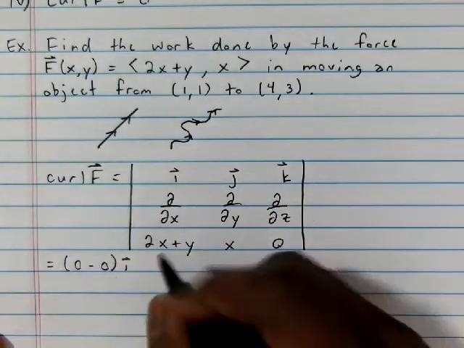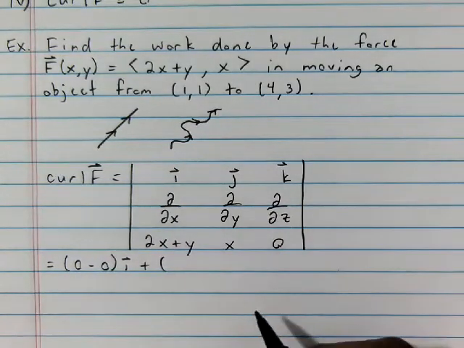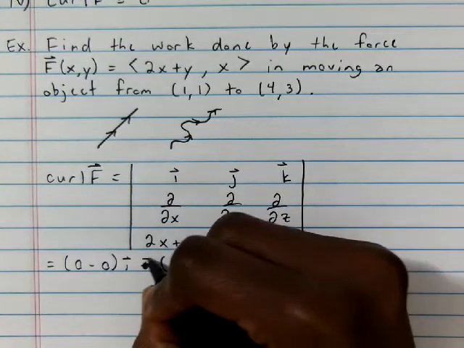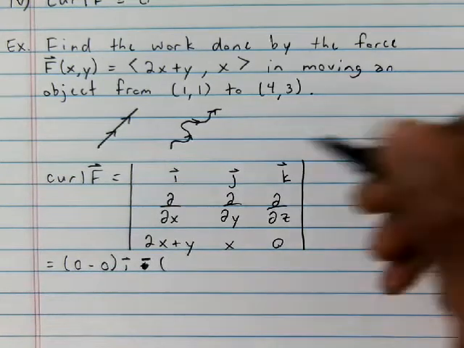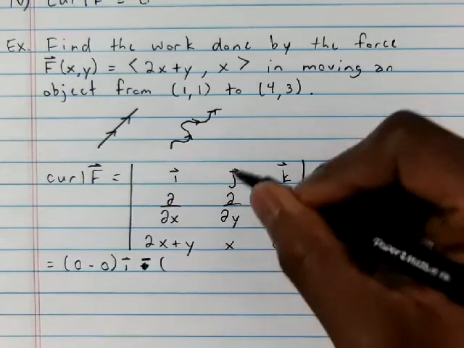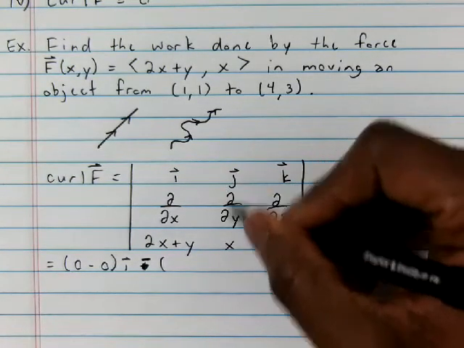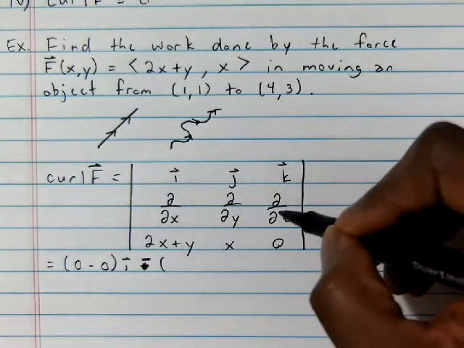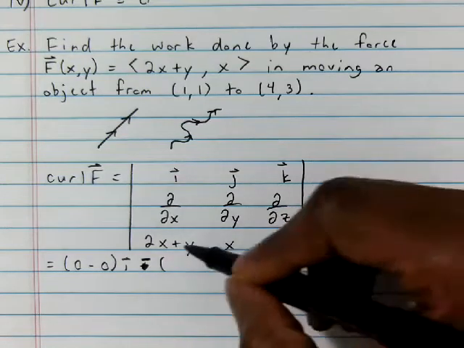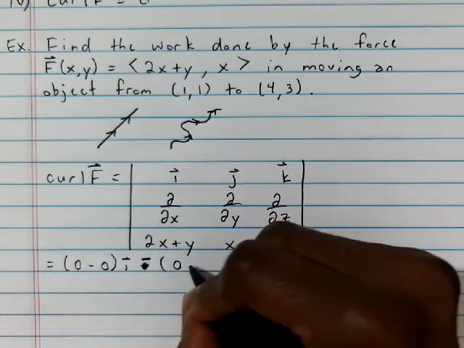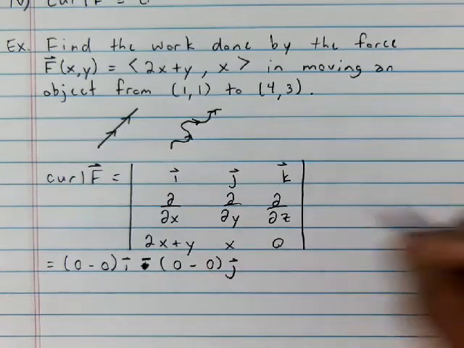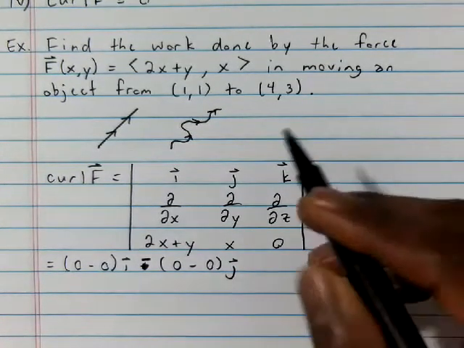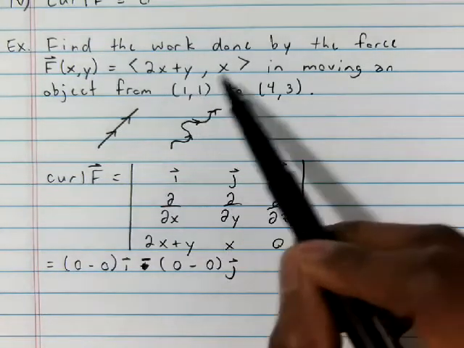That's going to be 0 plus, then the j component, so that's minus, sorry, I'm just going to switch my sign. The j component, not with respect to j. So we ignore this column. Partial of 0 with respect to x minus the partial of something with respect to z that has no z's in it. So we're going to get 0 minus 0 there. Again, the i component and the j component will always be 0 when you're looking at the curl of a vector in 2 dimensions.